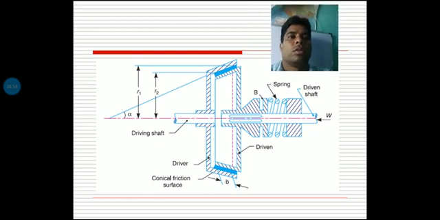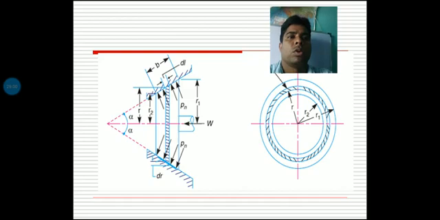Now that is actually a pictorial view of this figure. In the pictorial view, if I see the cylinder, you have to consider the radius. Mean radius means in the friction lining area, and for the elemental ring area, that radius is R, and the inner radius and outer radius are also counted.